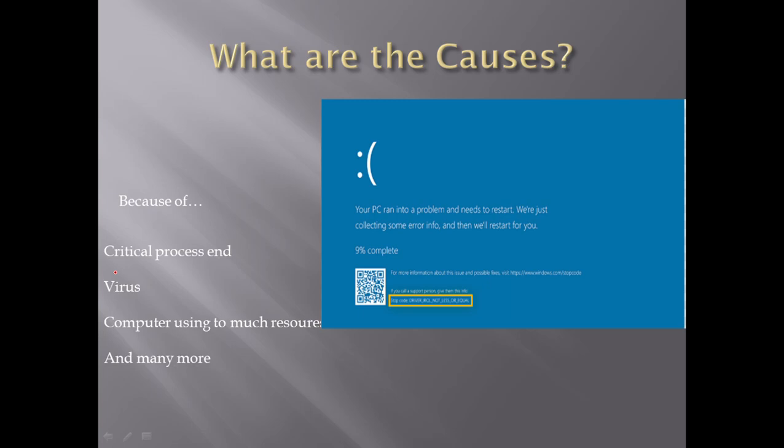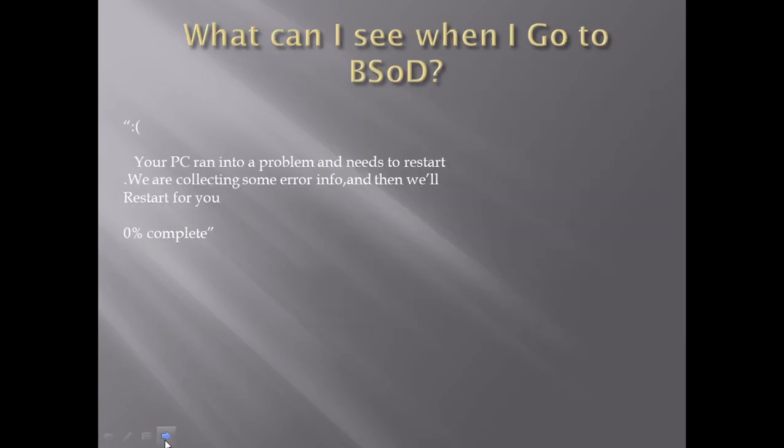So one application could be using really strong, like 1 million CPU, I don't know, it's super consuming all the system's resources, which is really bad. So that can also cause a blue screen error. Okay, and many more. I don't have any example, so let's go to the next slide.